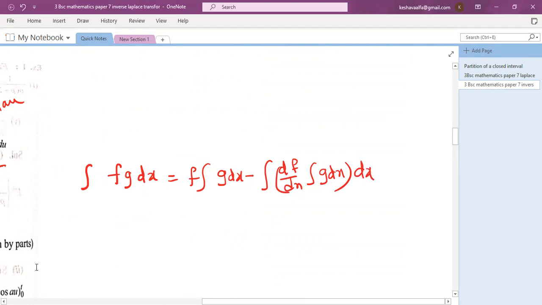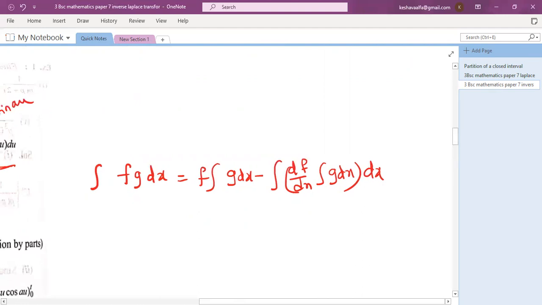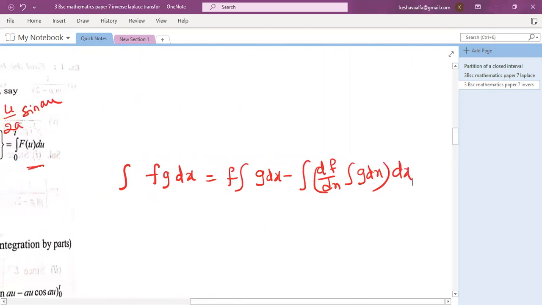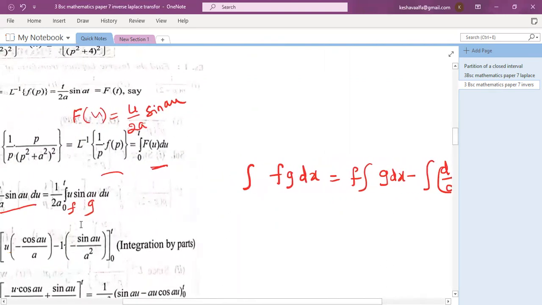So now what is the integration of u sin a u du? First function is u, second function is sin a u.